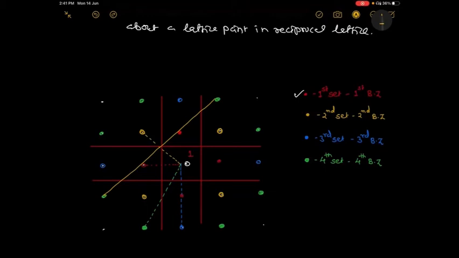Second Bragg's plane, which is passing through that point. This is the second line. Similarly, the third line, the next line.